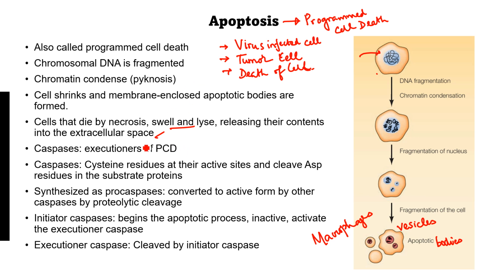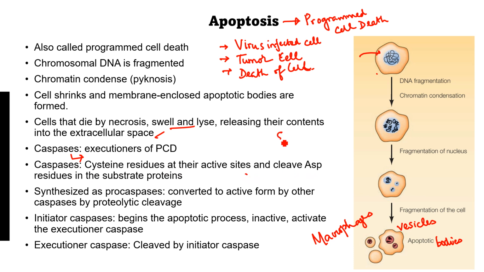And one of the important proteins involved in the apoptosis process is the caspases. Caspases are the executioners of programmed cell death. Why are they called caspases? Because they have cysteine residues at their active site, and they cleave aspartic residues in the substrate protein.